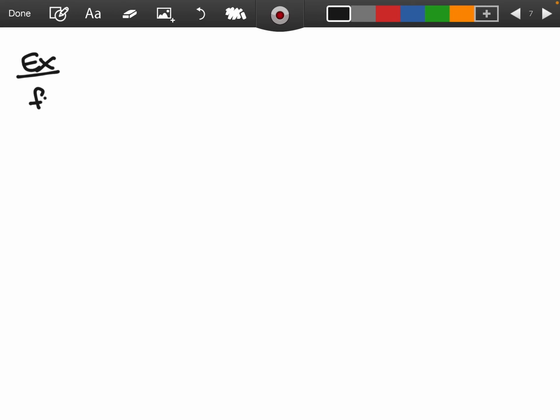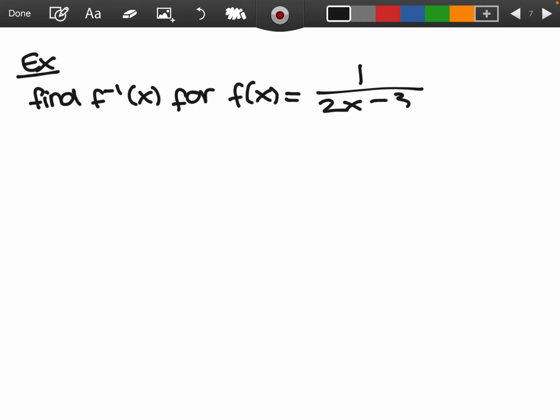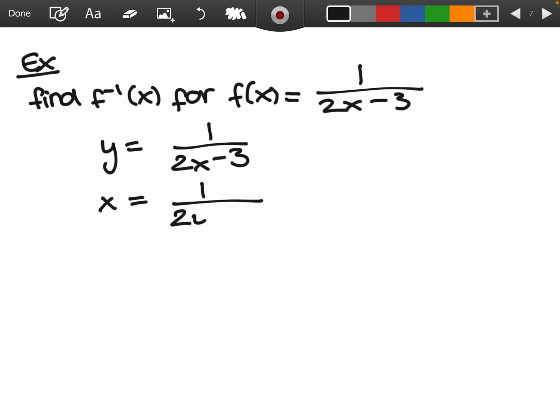Try another quick example. So let's say we're trying to find f inverse for f(x) is equal to 1 over 2x minus 3. Again, I write y is equal to what I have for my function.